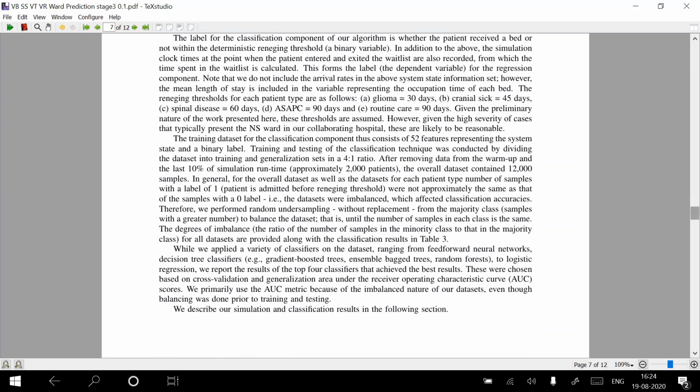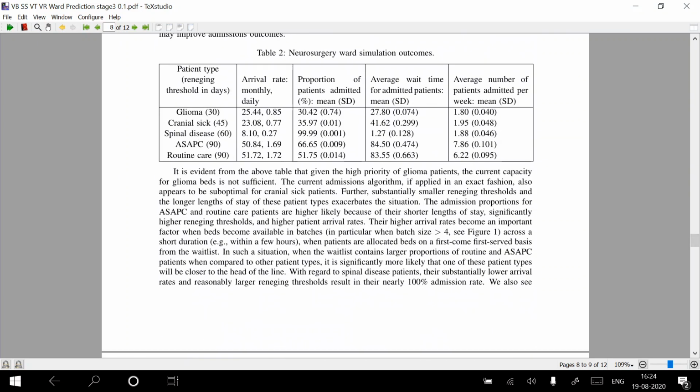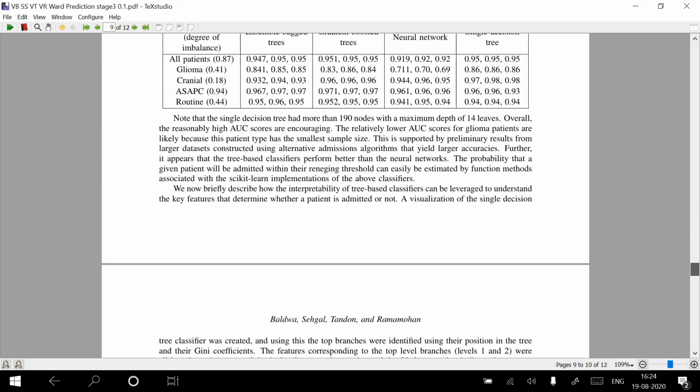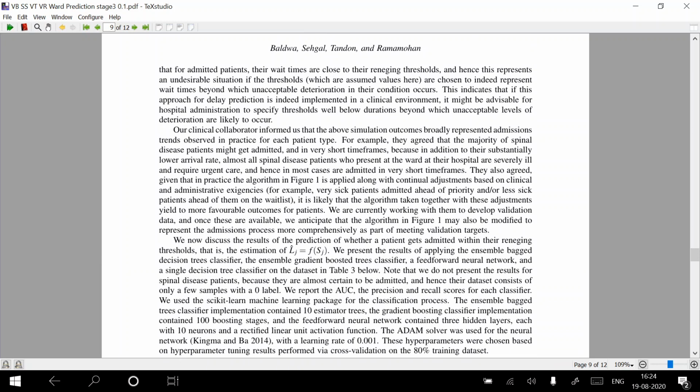So for example, here we have the simulation outcomes, and we are interested in wait time and so on, and we talk about validation here in detail. We say that we didn't have good data, so we presented it to our clinical collaborator at AIIMS, who informed us that the above simulation outcomes broadly represented admission times observed in practice for each patient type.